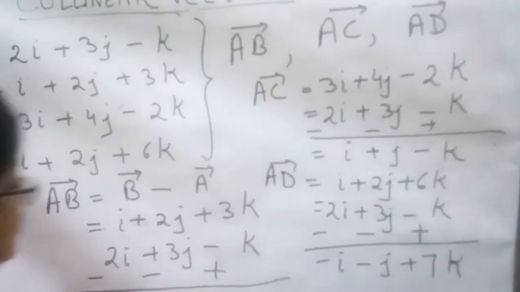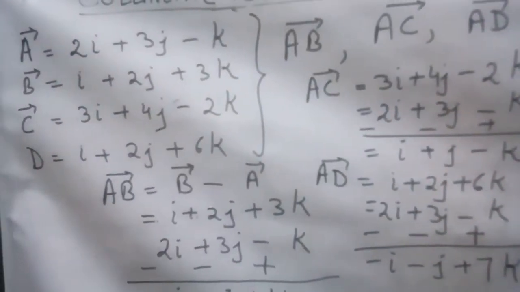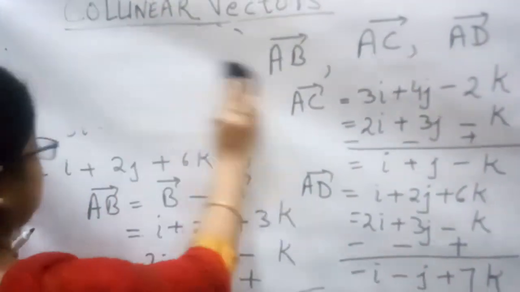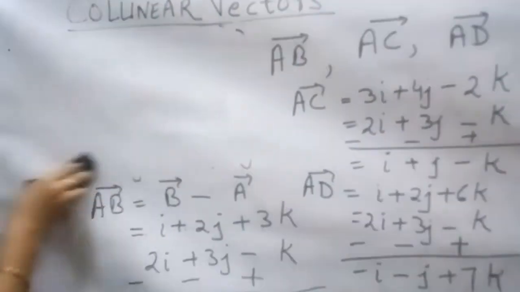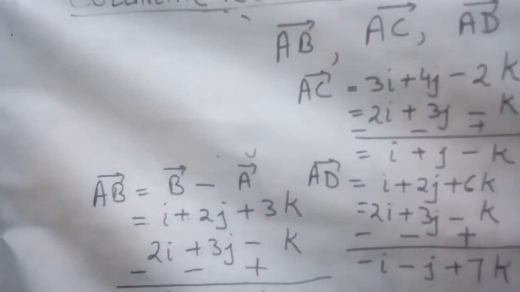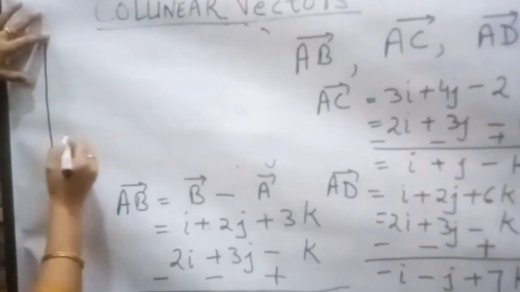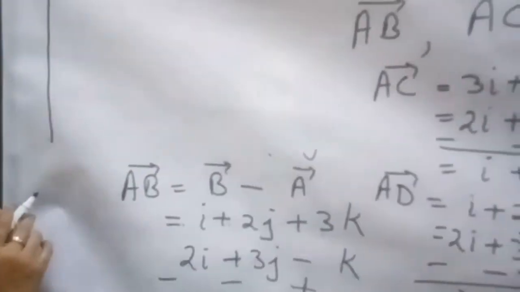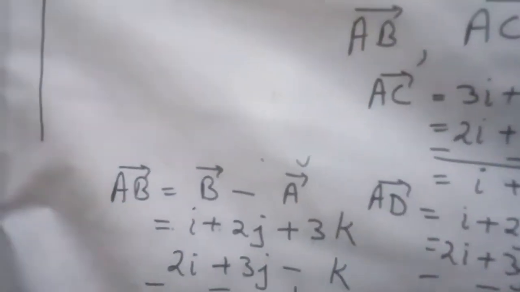Now we have all 3 vectors, and we can easily check whether all these 4 vectors are coplanar or not. We again make a box in this way. Firstly, this one vector, the coefficients of minus i minus j plus 4k, I just write here so you can easily understand.